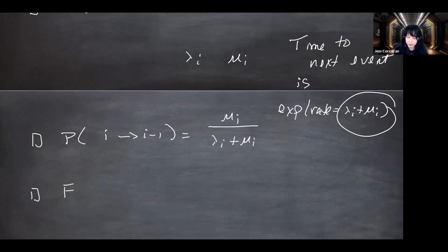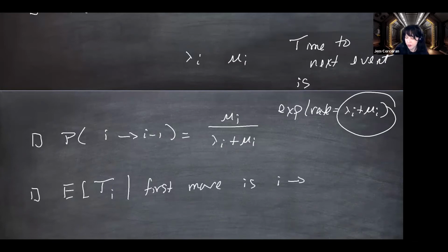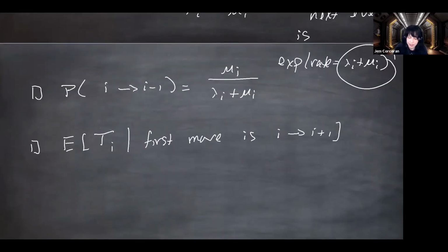Let's look at the first one. What is the expected time? So I'm starting at i, that's given. What is the expected time to move up to state i+1 for the first time, given the first move is from i to i+1?